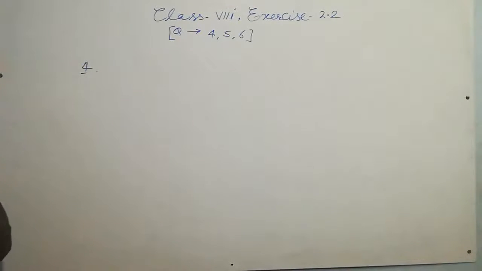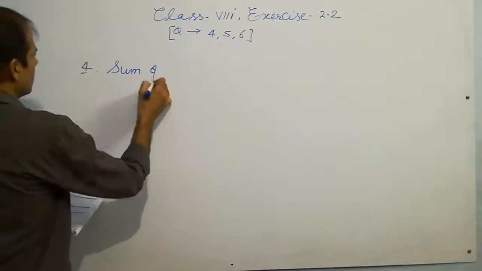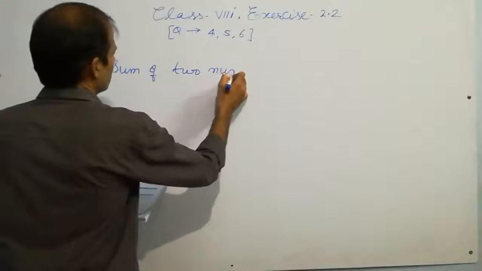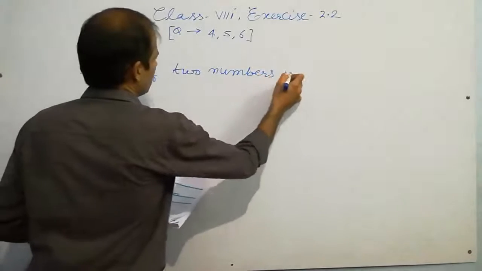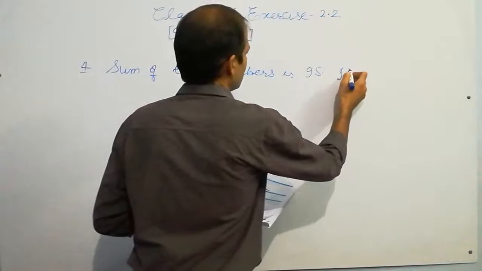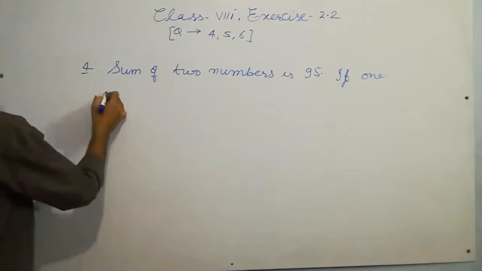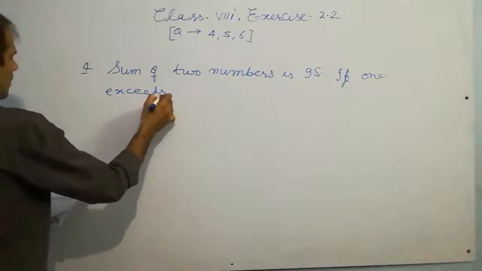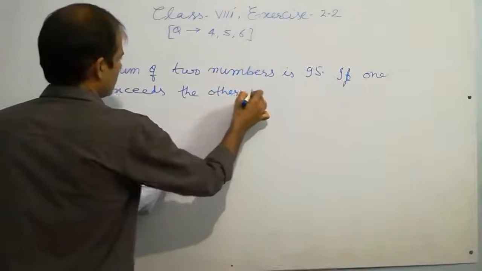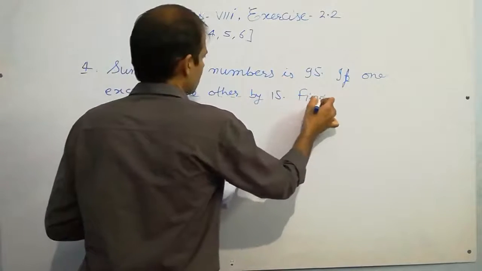Question number 4. Sum of two numbers is 95, if one exceeds the other by 15.